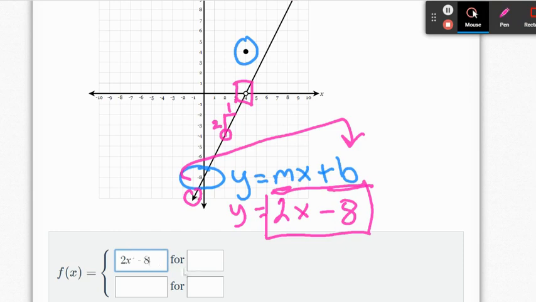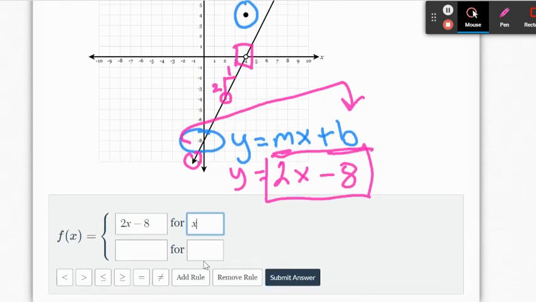That's my line, my linear function component. And we use that rule for everywhere except one spot. So to say everywhere except one spot, you just say x not equal to 4. So it means everywhere else except when x is 4, this is the rule.